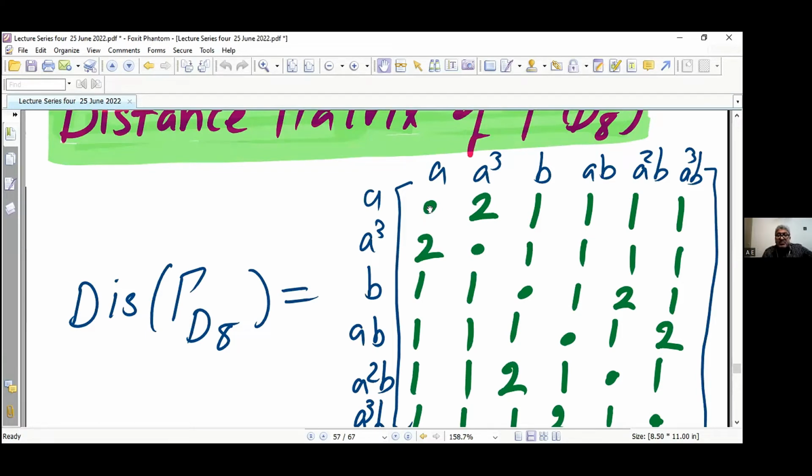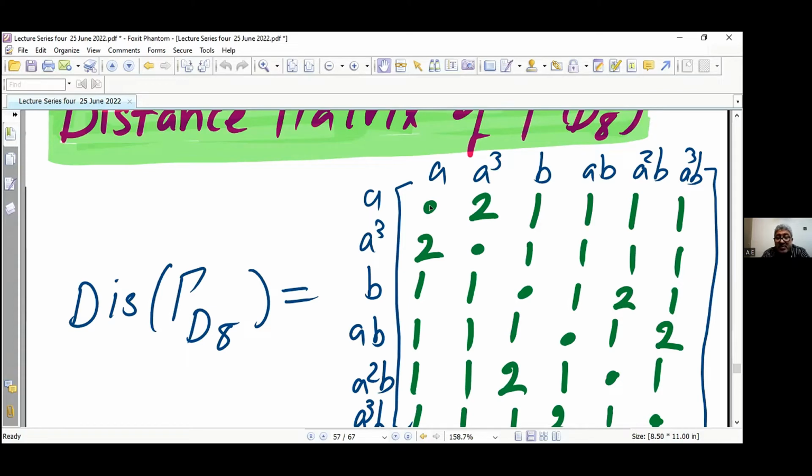A cube and A commute, so we don't have any edge between A cube and A, but the distance is 2.